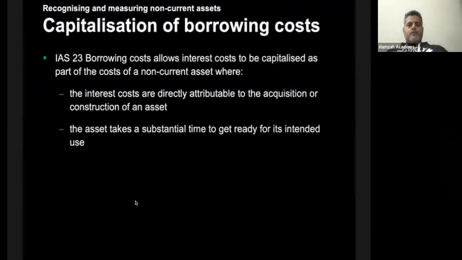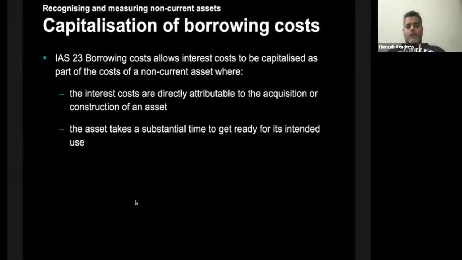Okay, sir. So the story, the borrowing cost. IAS 23, the borrowing cost, allows the interest cost to be capitalized as a part of the non-current asset where the interest costs are directly attributable to the acquisition or construction of an asset, and the asset takes a substantial time to get ready for its intended use.